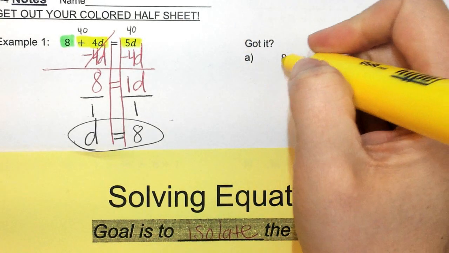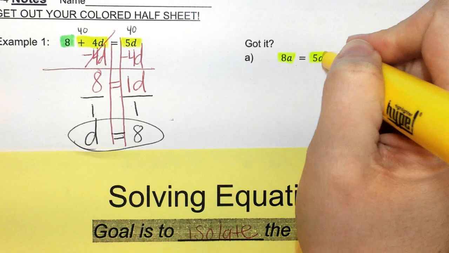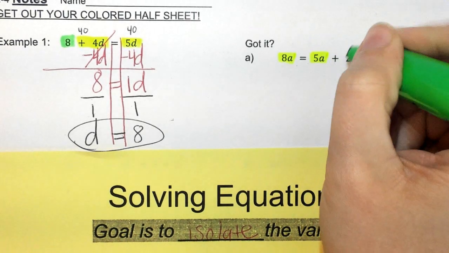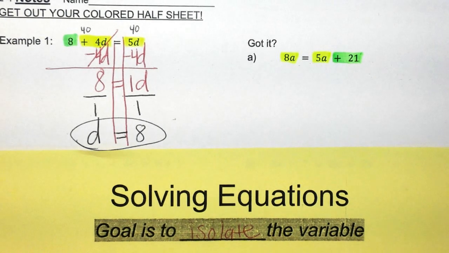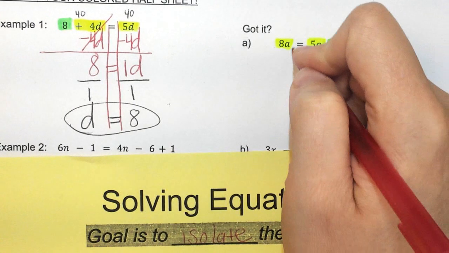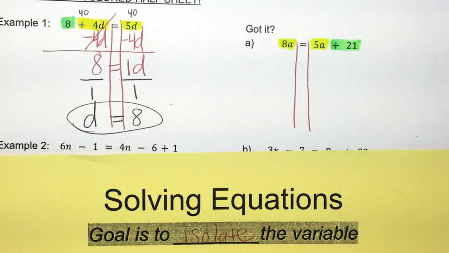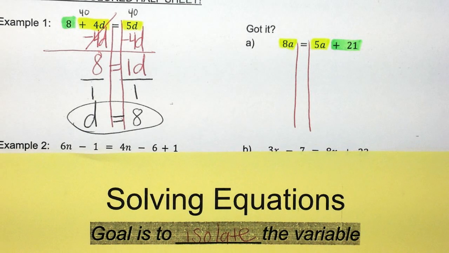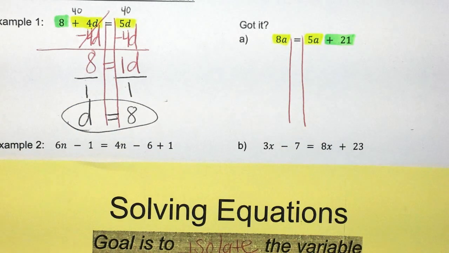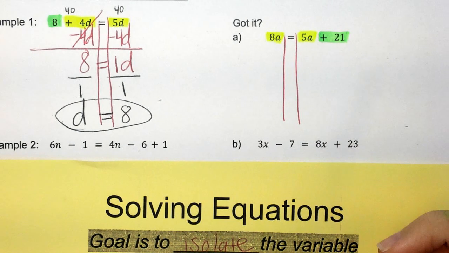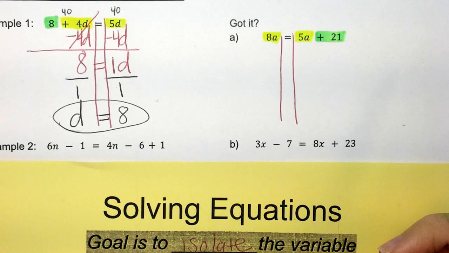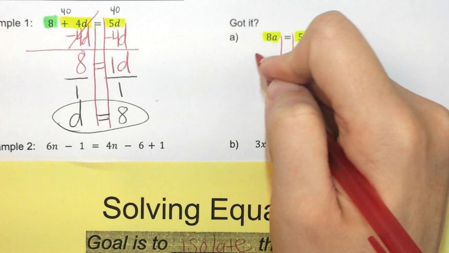So I'm going to highlight my variables in yellow, my constants in green, put in the railroad tracks. Hallie, do we have any like terms on the same side? No. So we go to step 2, where I have to move the variables. On this one, Valeria, which variable am I going to move? Good, the 5A. How would I move that across?